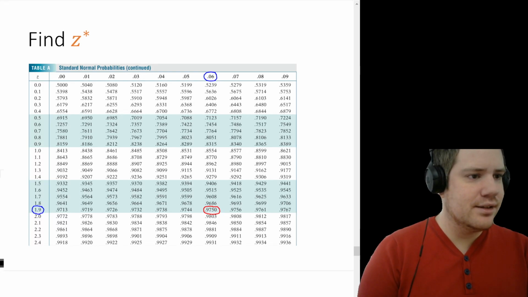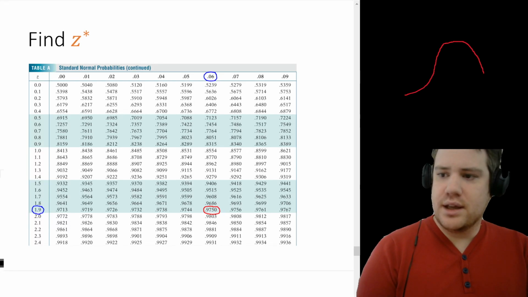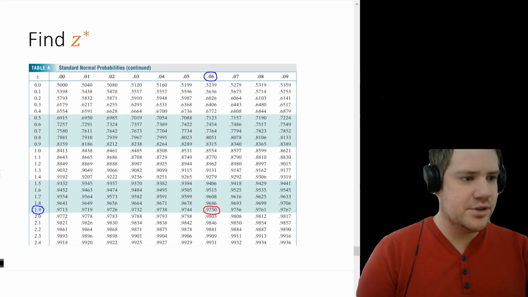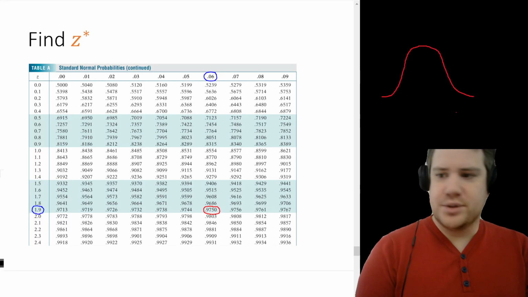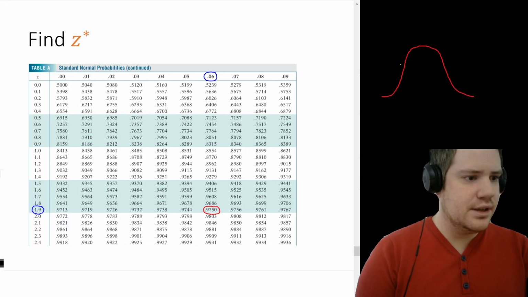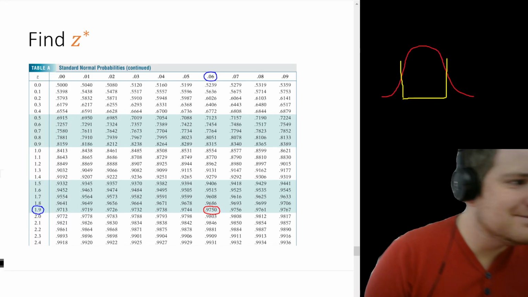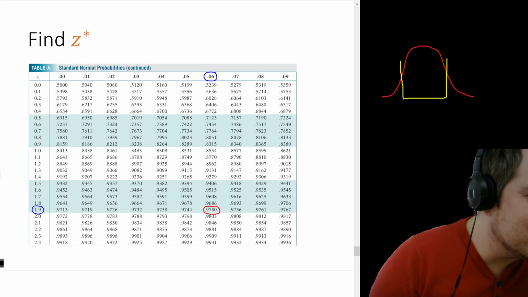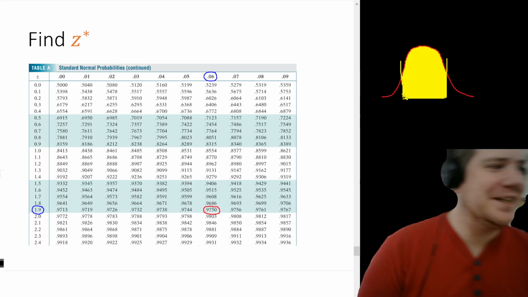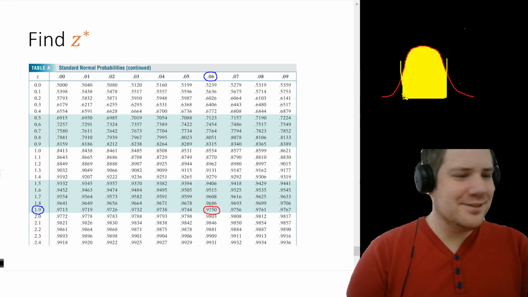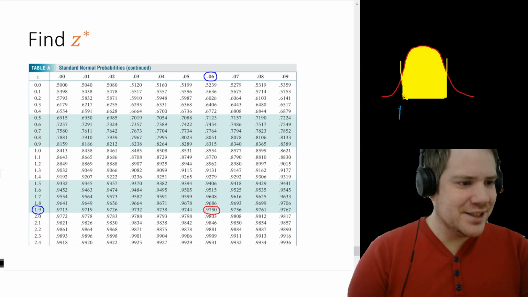I have to draw it again. We have a normal distribution, and we're interested in the middle 95% of scores. So this part. I didn't mean for it to make all of it yellow. Fixing my box. There we go. So we are interested in this extreme, and we're interested in that extreme.